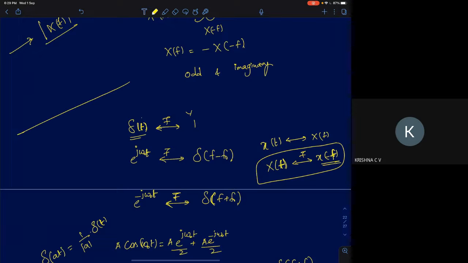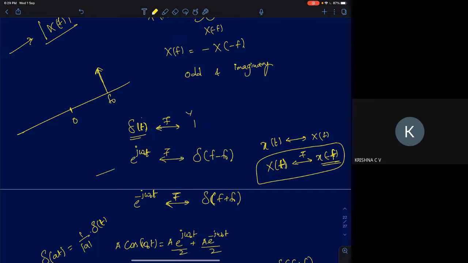You plot your Fourier transform, and we just saw that it's no longer an even function. The magnitude of the Fourier transform of a real signal has to be an even function. But what you see here, the Fourier transform, of course, is a real number, but it's no longer even symmetric. The magnitude is no longer even symmetric.